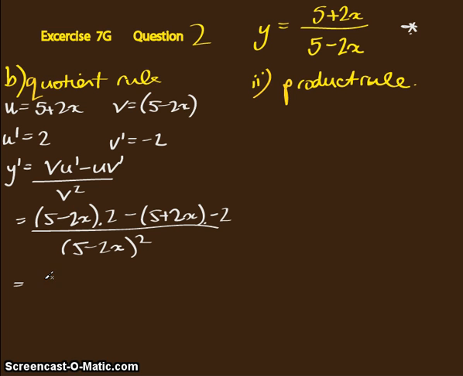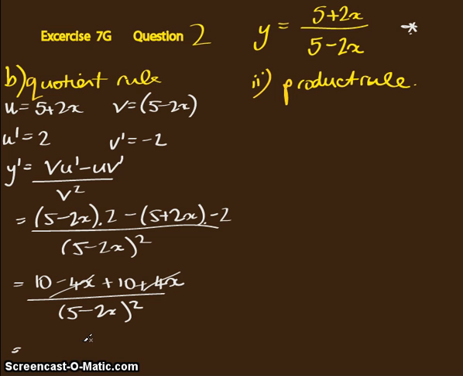What I have here is 2 5s are 10 minus 4x plus 10 plus 4x all over 5 minus 2x squared. You can see here that these pieces will cancel out. Leaves me with 20 over 5 minus 2x all squared.